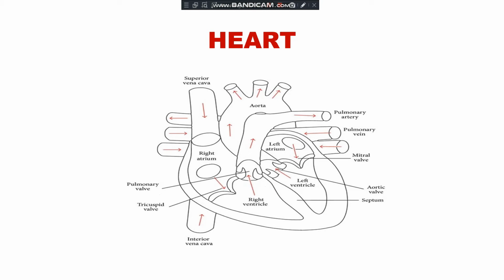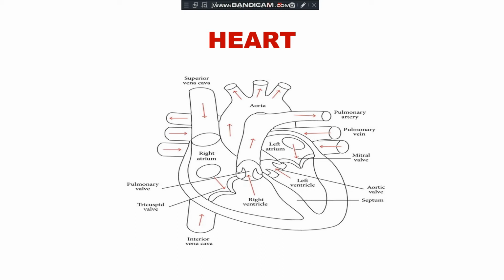In the left part, there is oxygenated blood. Clear? The upper two chambers of the heart are known as atria, and the lower two chambers are known as ventricles. Between the atrium and ventricle, the valves are present. These valves prevent the backflow of the blood.